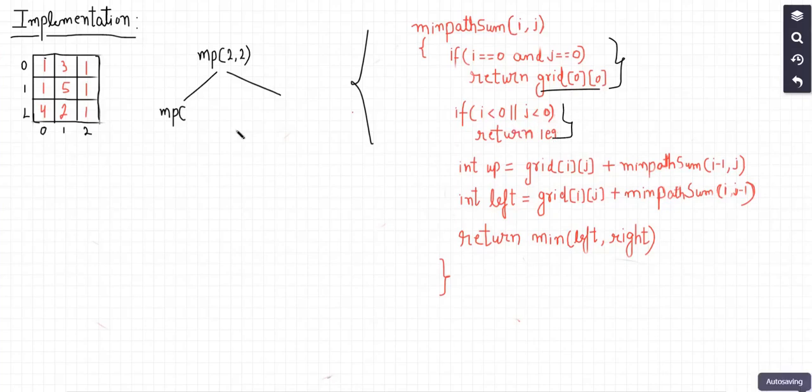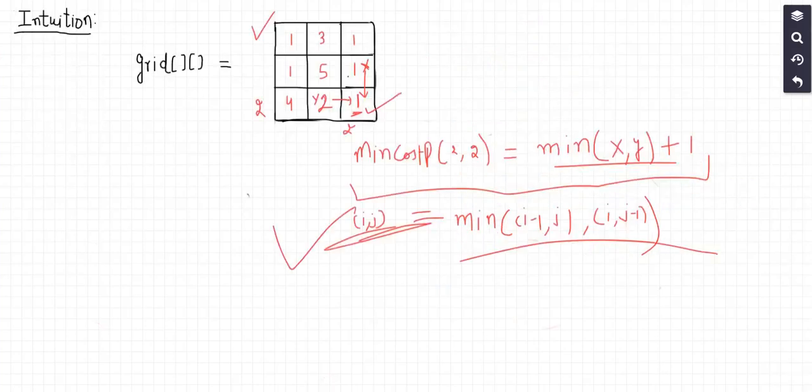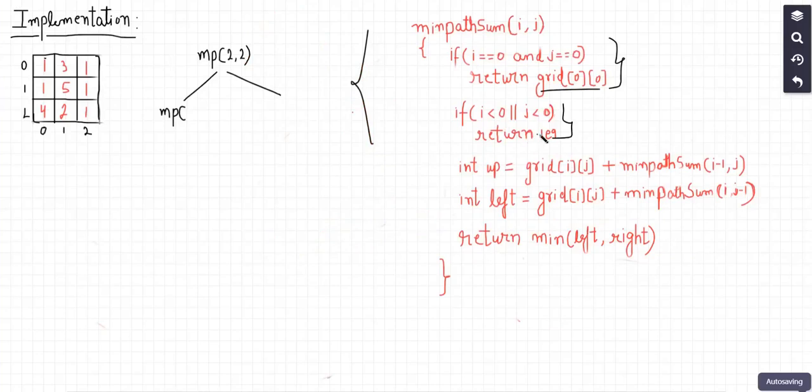Otherwise, if I am out of the boundary, either here or here, in that case I'm returning a number which is very large. Why?